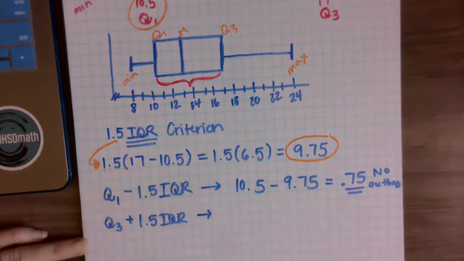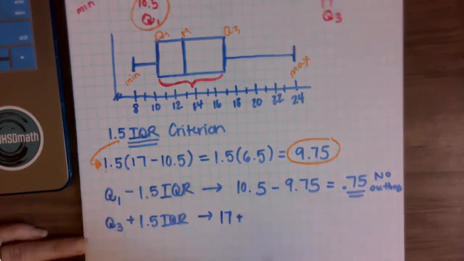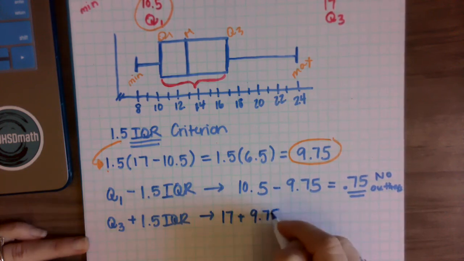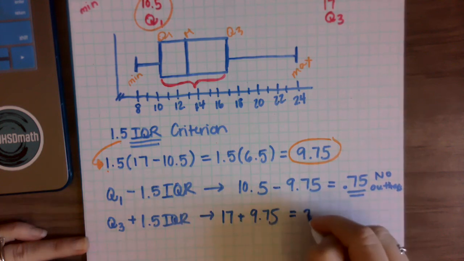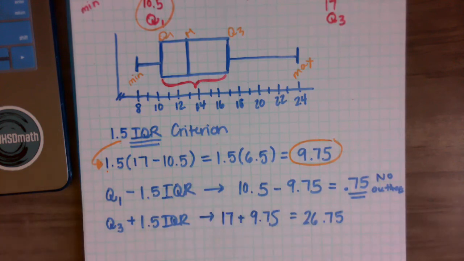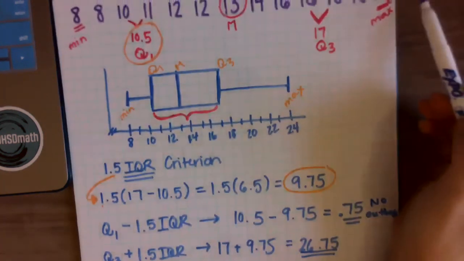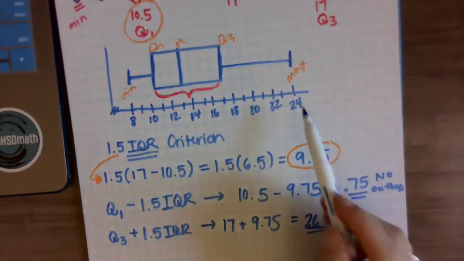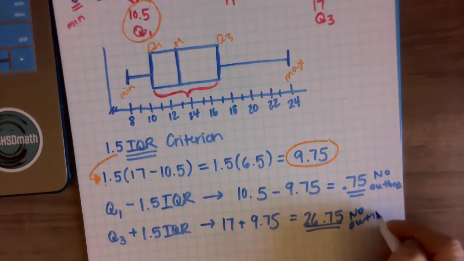My Q3 is at 17, and I'm going to add 9.75, and we are at 26.75. There can't be any values higher than 26.75. So if there was a 27 out here, it would be deemed an outlier, but 24 is our maximum, so there are actually no outliers on that side either.